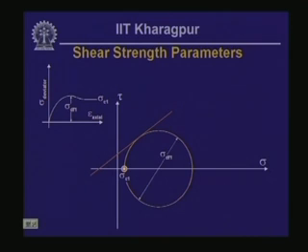So the Mohr circle for this state of stress is plotted on the tau sigma space shown near the bottom right.